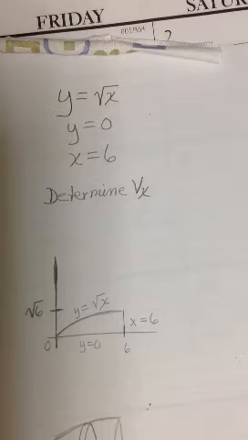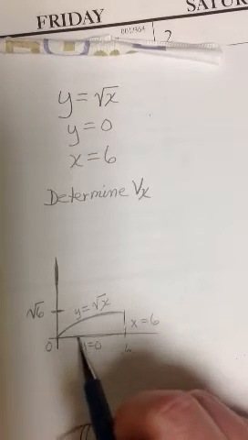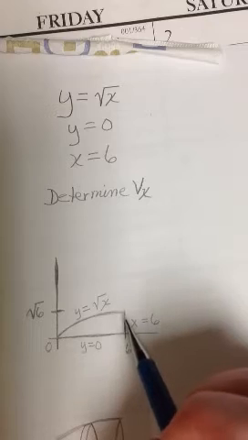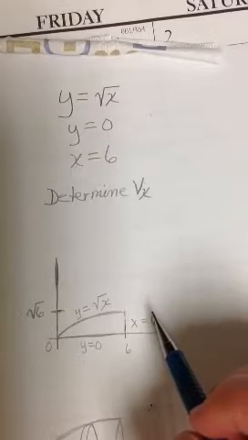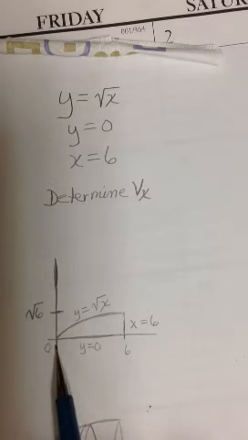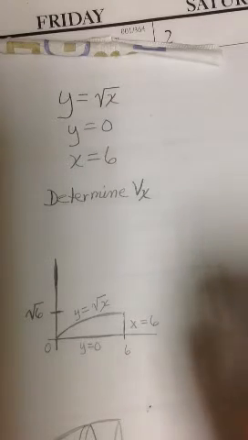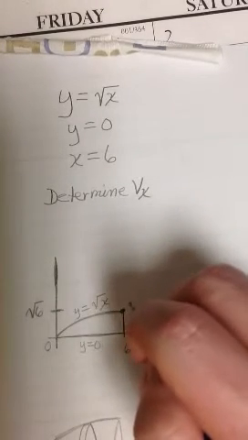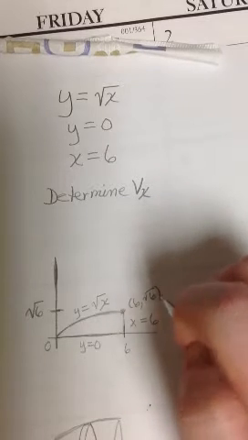And in terms of the two-dimensional construct, we have that y is equal to the square root of x, and y is equal to 0 is going to be the x-axis. And for the vertical boundary, we have x is equal to 6, and for our contact points, at the corners we have the origin, 6, 0, and also the remaining point of intersection between x equals 6 and y is equal to the square root of x, which is x equal to 6 and y equal to the square root of 6.